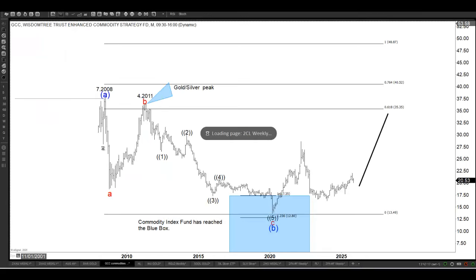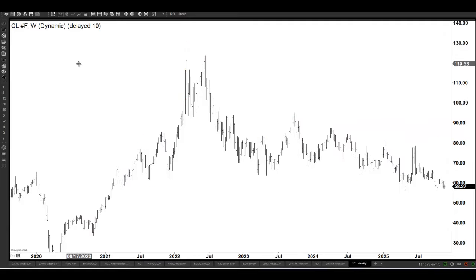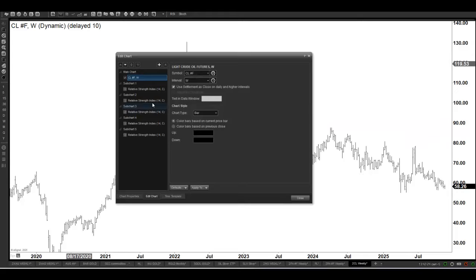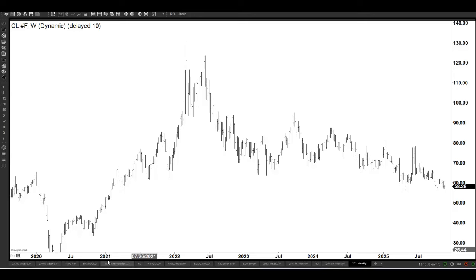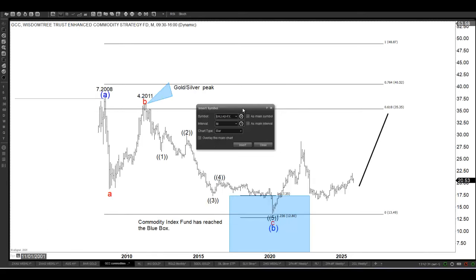So this is oil here. Let me overlay it and put it with the commodities ETF. You're going to see it's been holding when you compare it to oil.